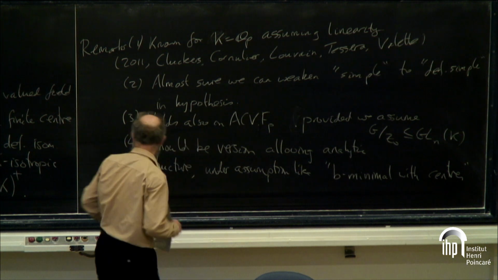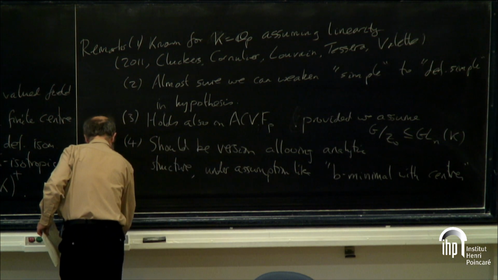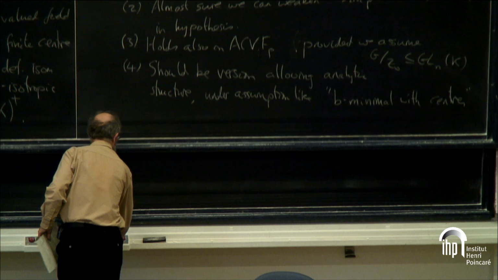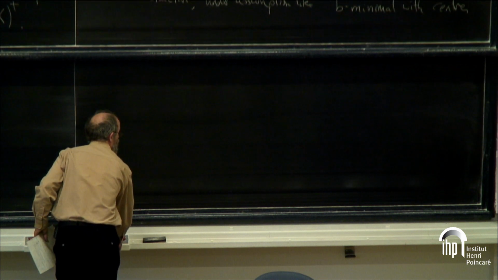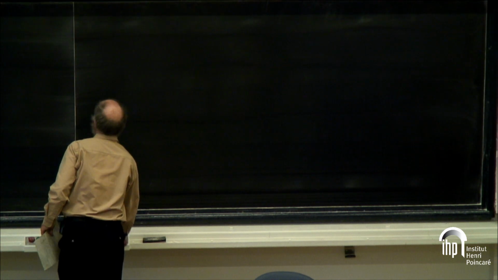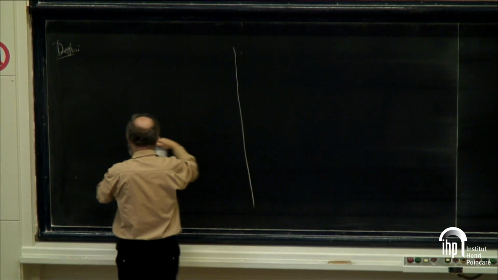Okay, so I'll say something about what the words mean. So definitions. These are some of the words in there. So what does it mean for H to be k-isotropic?